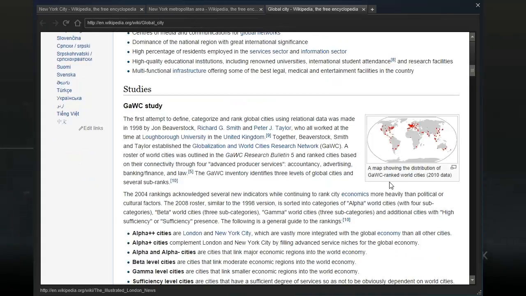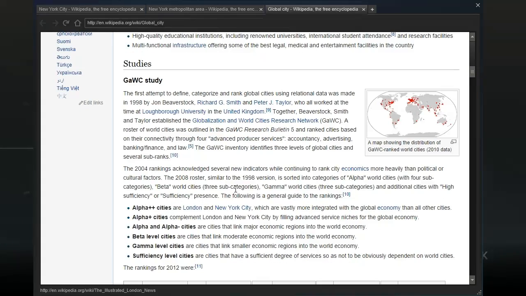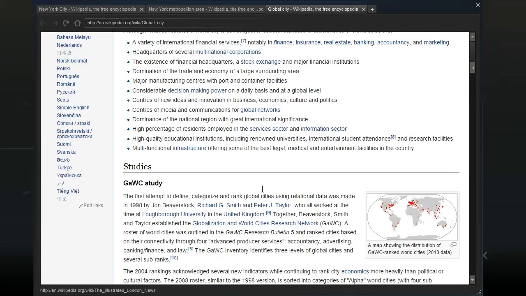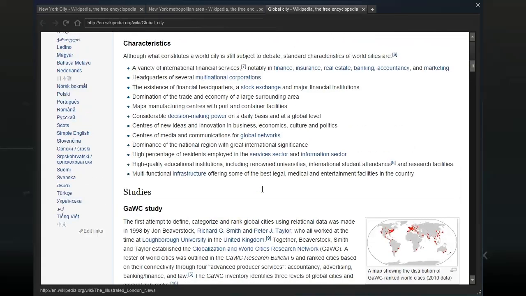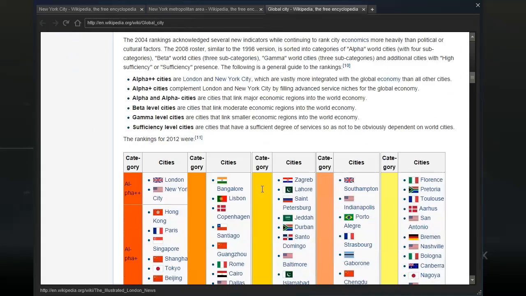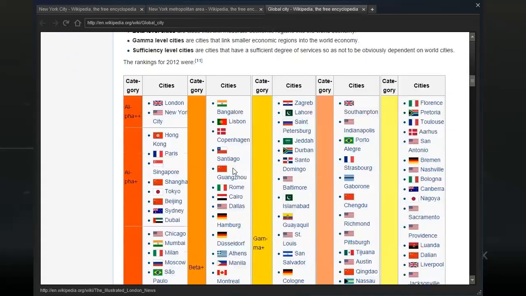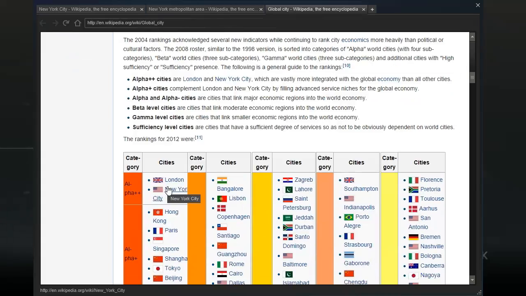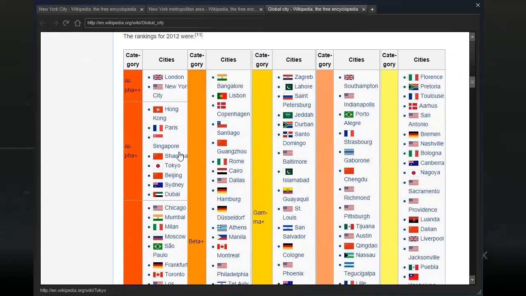JWC ranked world cities. I mean, people rank these things according to various criteria. There's no single criteria where people define what the most important city is, but some people have tried. So London and New York, followed by Hong Kong, Paris, Singapore, Shanghai, Tokyo, Beijing, Sydney, and Dubai.